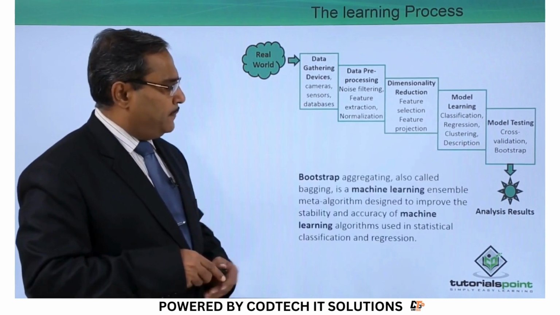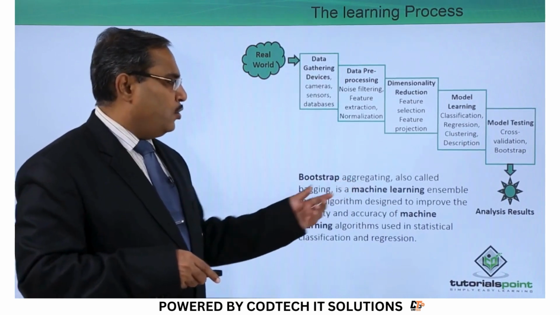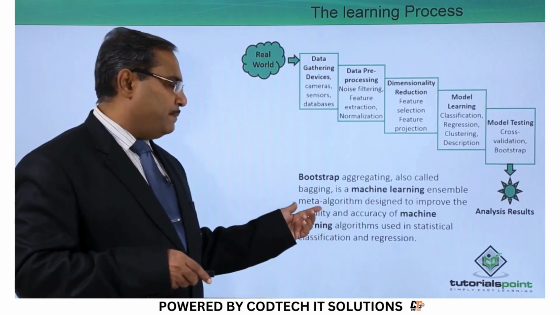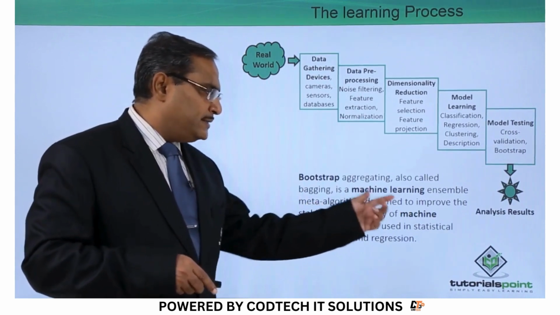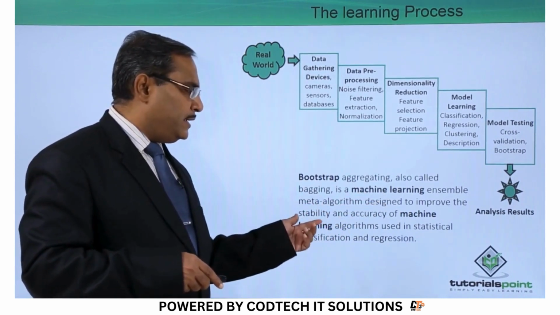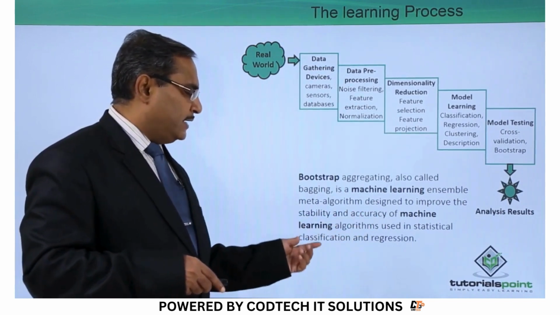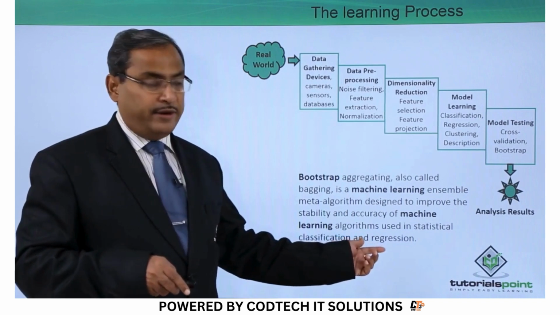Now bootstrap aggregating, also called bagging, is a machine learning ensemble meta algorithm designed to improve the stability and accuracy of machine learning algorithms used in statistical classification and regression.